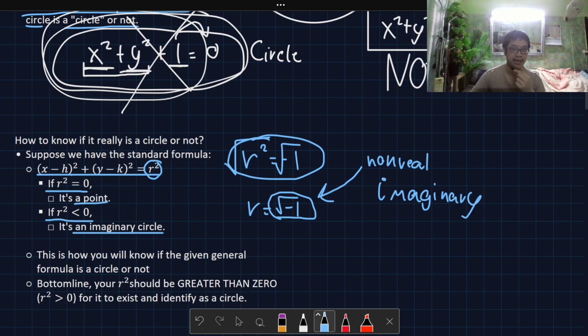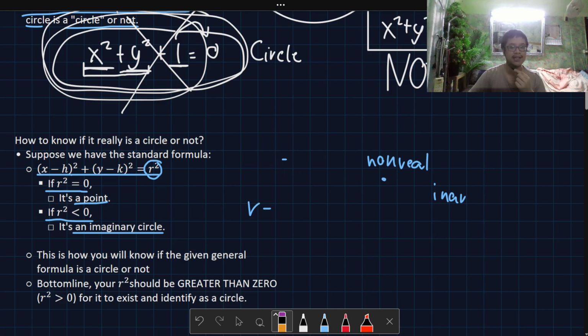It's imaginary. So point being, your r should be positive, or your r squared should be positive, not negative. Otherwise, you will have an imaginary result. And if you have an imaginary result, you cannot actually measure it in reality, which is why we need a real number value. Now, another one.